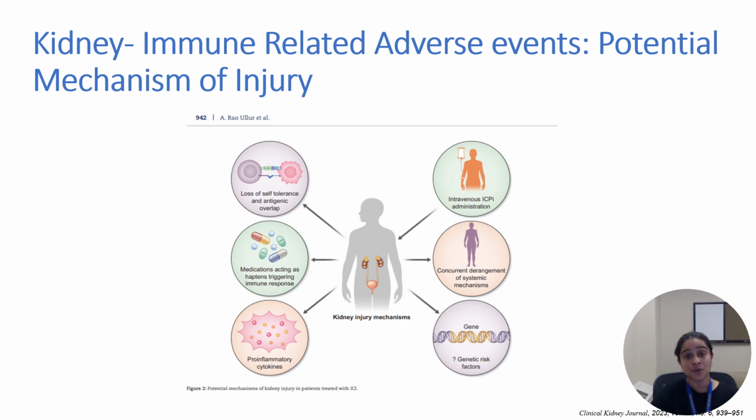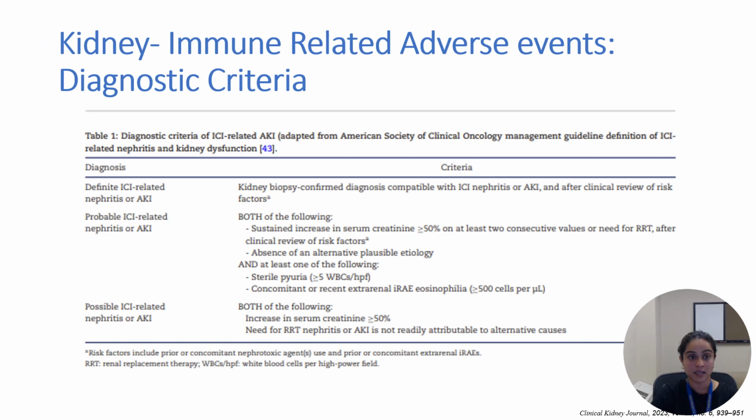Some medications could act as haptens and trigger the immune response. And just generally, the activation of the immune system and release of pro-inflammatory cytokines might affect the kidneys. All of this, in the background of some derangement of the immune system or genetic factors, gives rise to immune-mediated kidney injury from these medications.